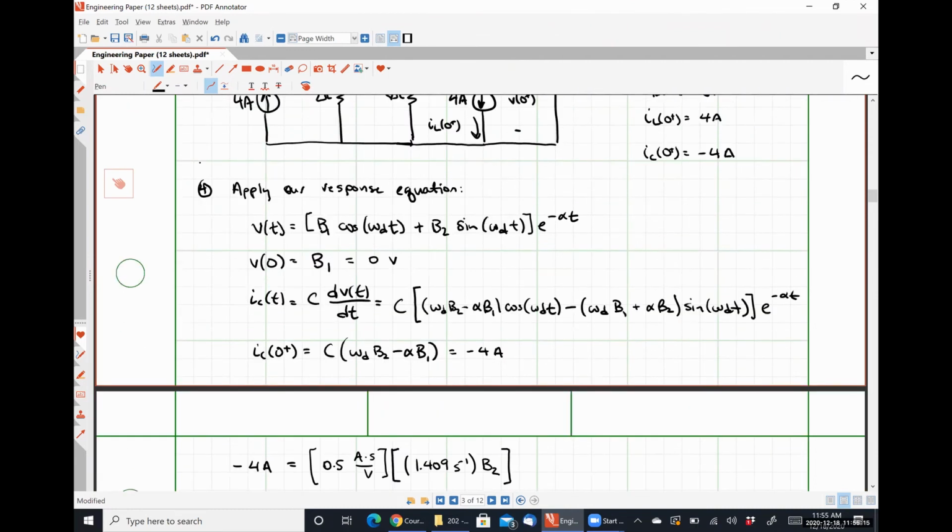Step 4, we use our response equations and set t equal to 0 plus, to set up a system of equations that allows us to calculate B1 using the voltage equation and B2 using the current equation.